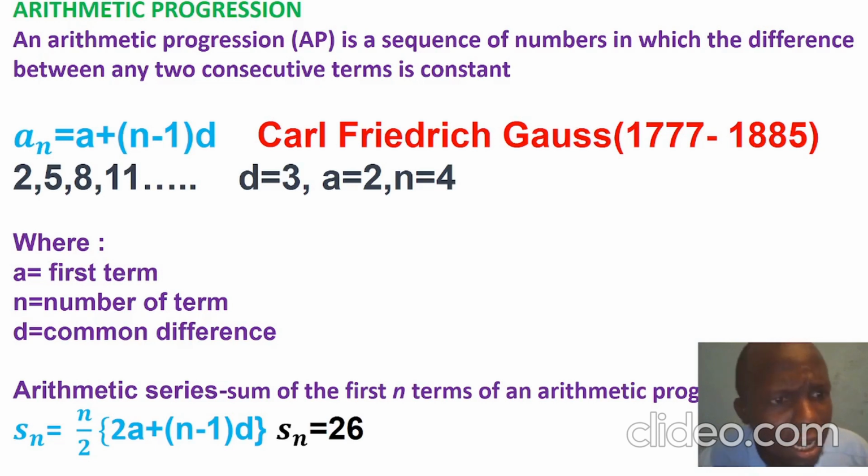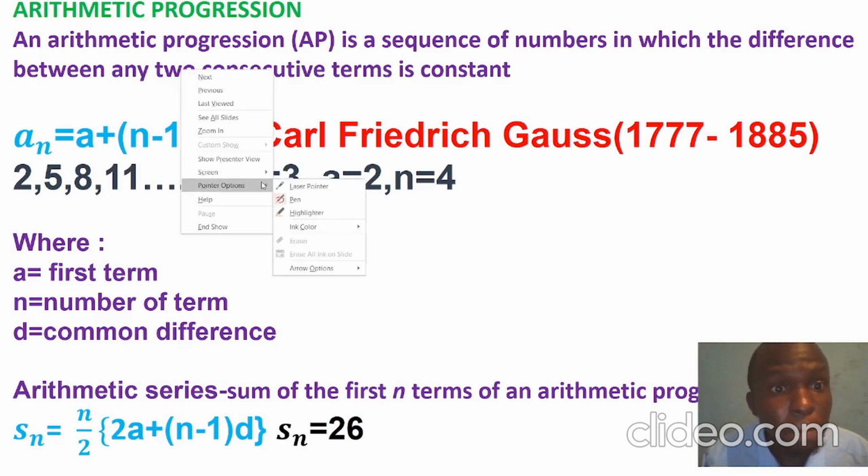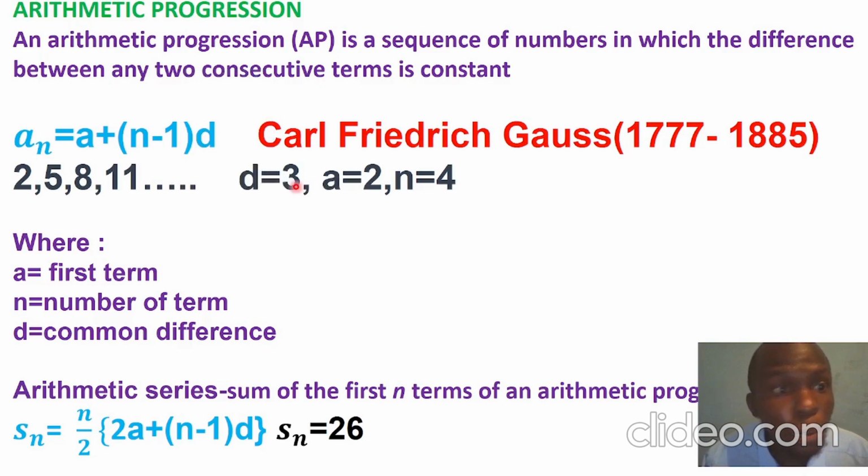If we want to get the next number in a sequence, we have to look at a, which is the first term, plus n minus 1. n is the number of terms.